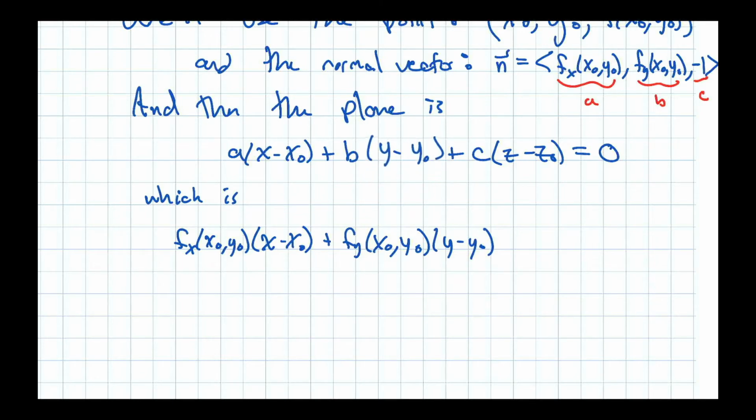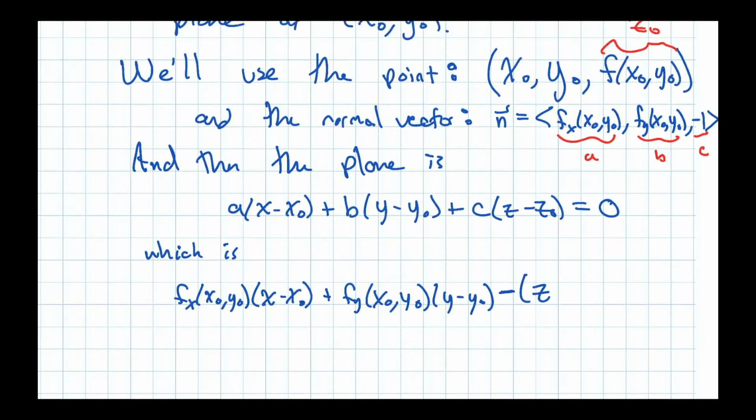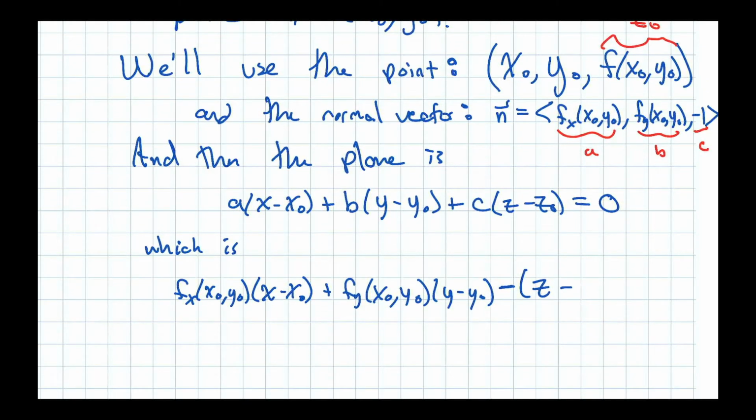Your z component, you got c, which is just -1. So this is actually just minus (z minus z0). The z0 is f of x0, y0 from this right here. Okay, and all of that is supposed to equal 0.